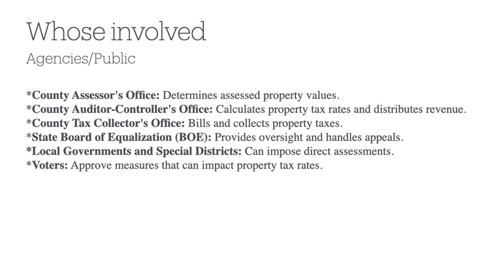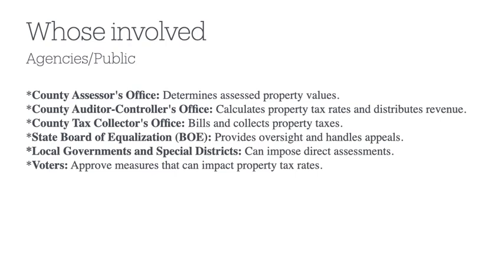And then who's involved in our bills and everything? You have the county assessor's office. They determine the assessed values. Then you have your county auditor, controller's office. They calculate the property taxes, and then they disperse revenue based on that. You get your tax collector, so they're going to bill you and collect the taxes.